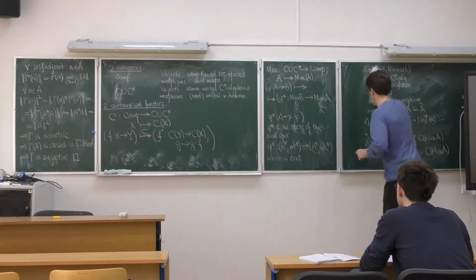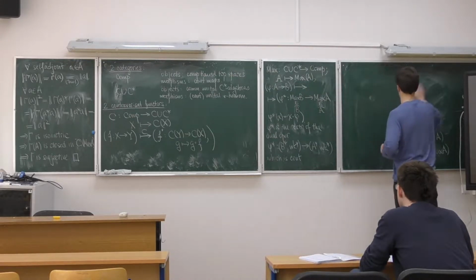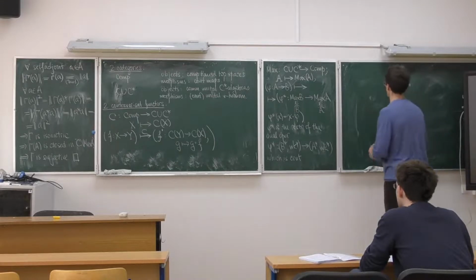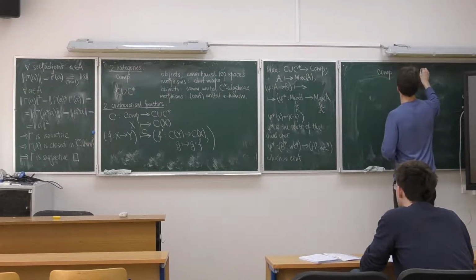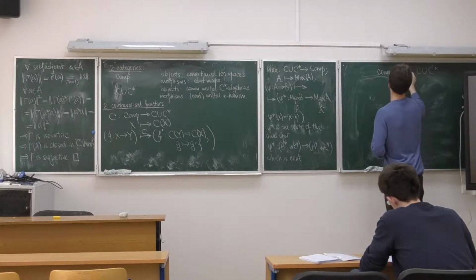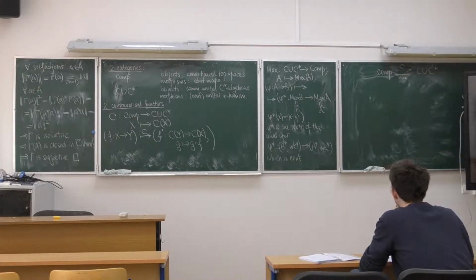Okay, so we have two contravariant functors acting in the opposite directions. So we have the following picture. This is C, and this is max. So they are contravariant.